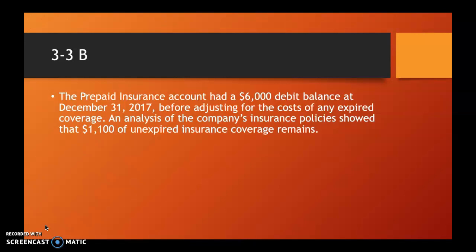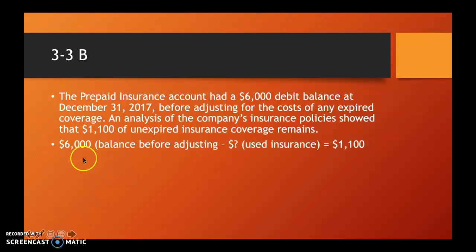So I set up a little equation like this: the $6,000 balance before adjusting, minus an unknown amount of used insurance, equals the ending amount of $1,100. So we're just going to solve for this number. 6,000 minus what is equal to 1,100? That would be 4,900.